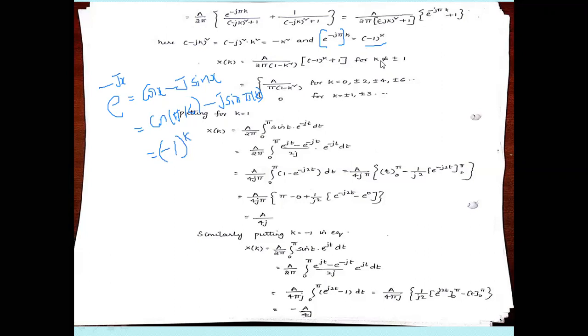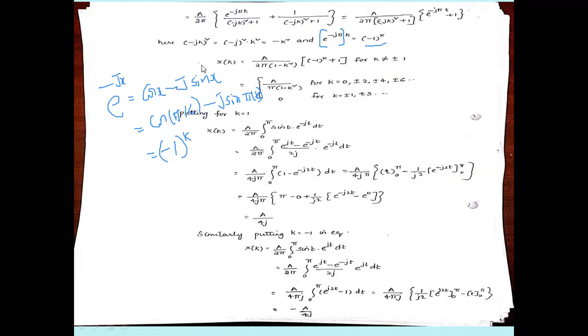For k equal to 0, plus or minus 2, 4 and 6, the values are 0, because it is 1 minus 1. Otherwise, A by 2 pi times 1 minus k square is the value of X of k, and it is 0 for the values of plus or minus 1, plus or minus 3, nothing but the odd values.